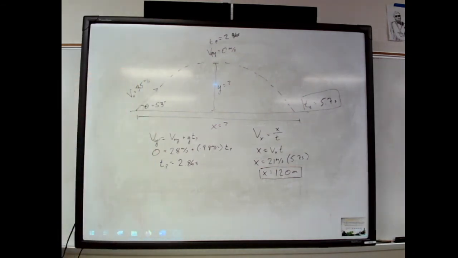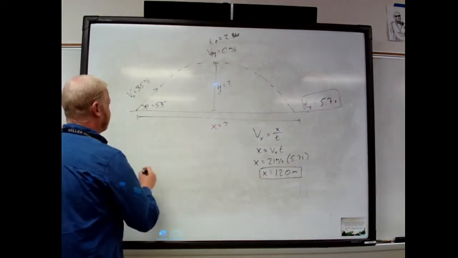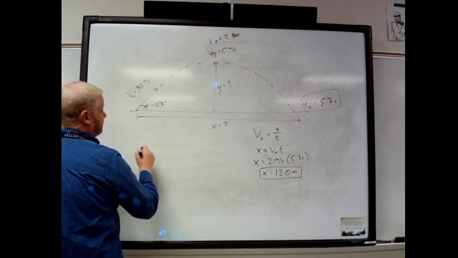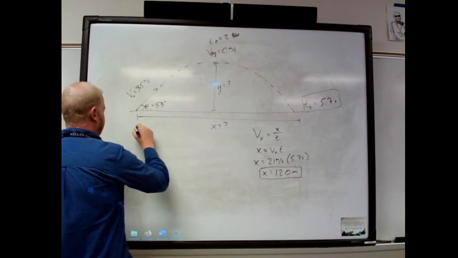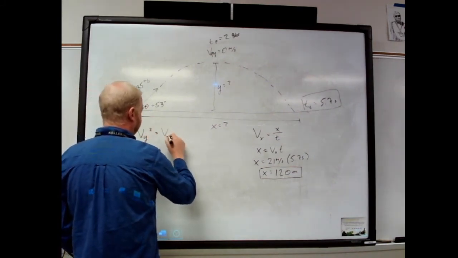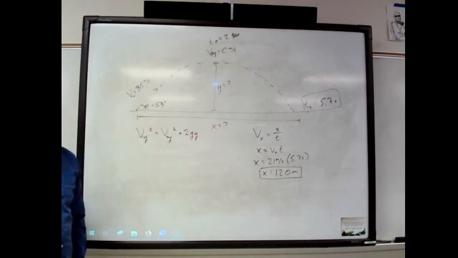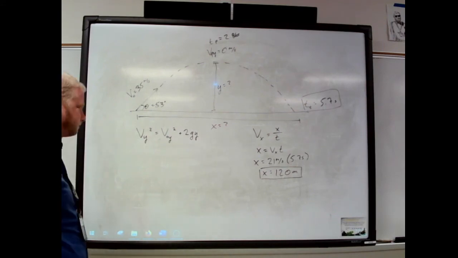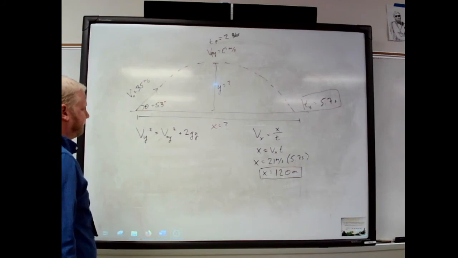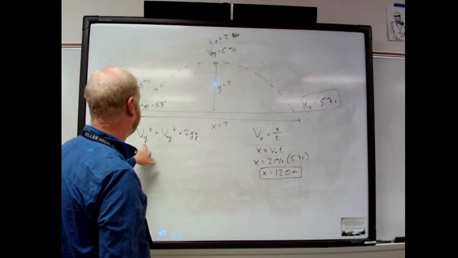Now let's find our maximum height. We could use either one of two equations, but this one's probably easier. V final y squared equals initial y squared plus 2g times your vertical displacement. Again, we're treating this as our peak.